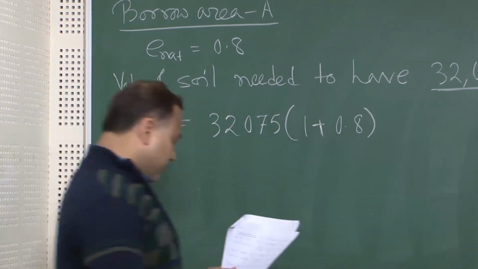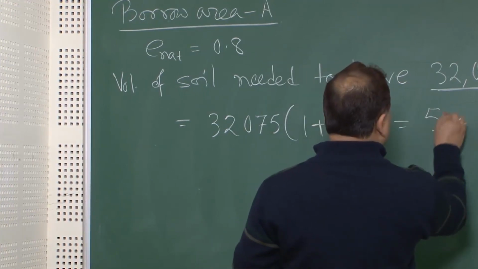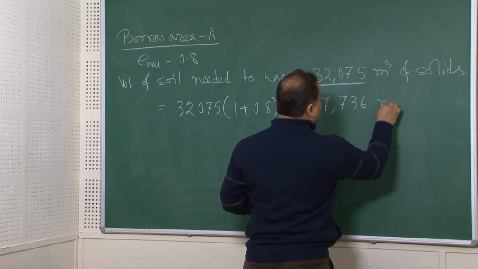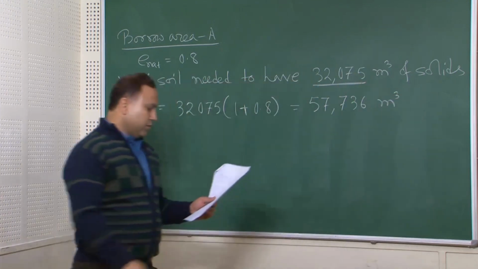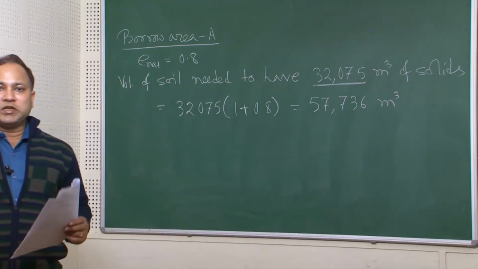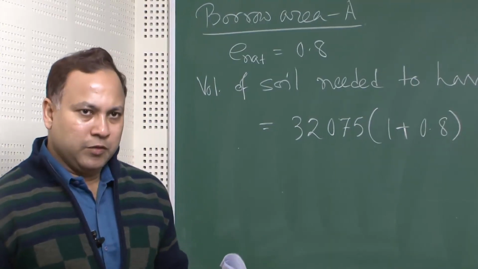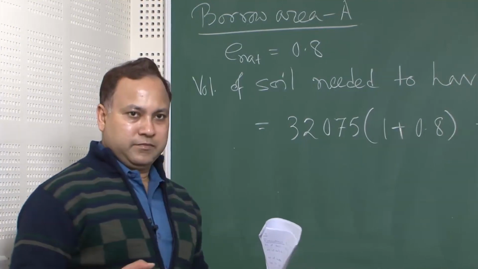As simple as that. Okay. So, that comes around 57,736 cubic meter. So, this is the total volume required to be excavated from borrow area A.